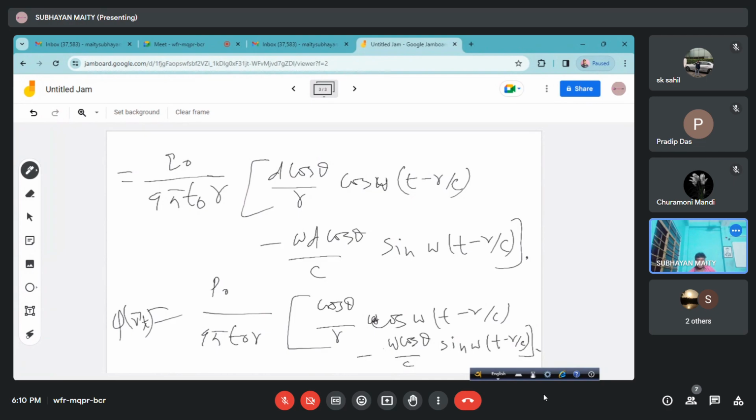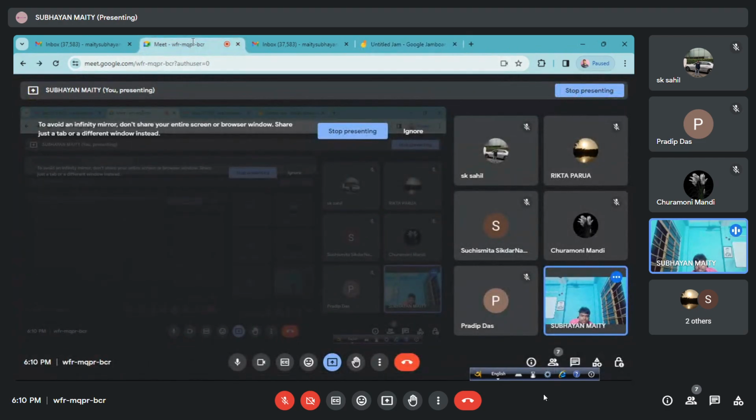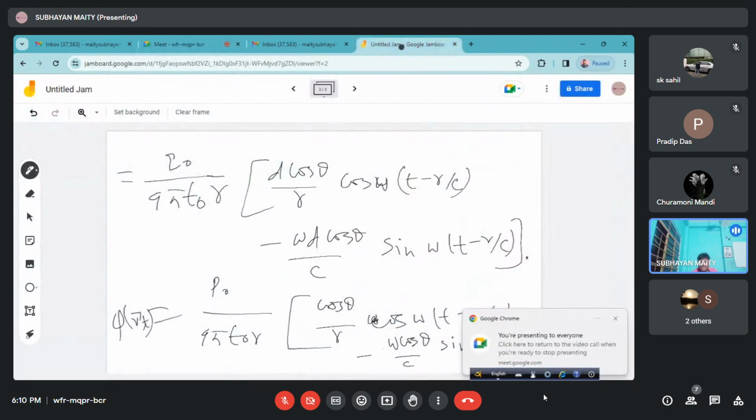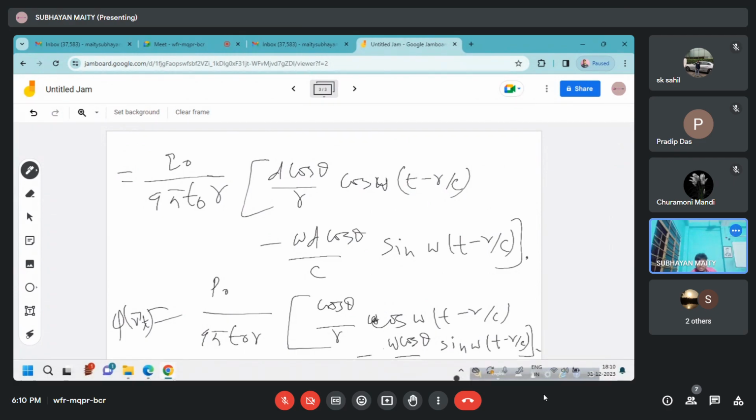φ(r,t) is equal to that. Now you can check whether this expression is right or wrong. You can check for the static case. For the static case, ω is equal to 0, so this one will be 1 and this one will be 0.